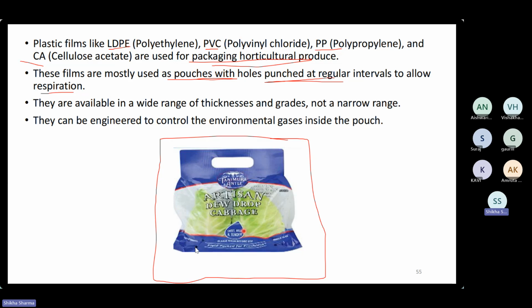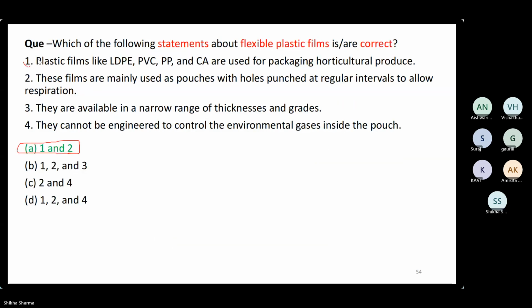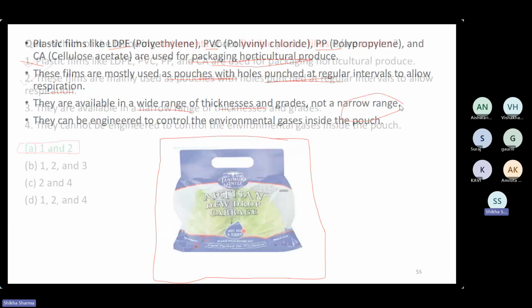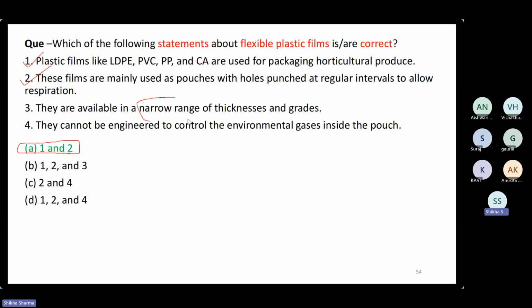Here are the holes, this is the hole, this is the hole. 1 and 2 are correct, but they are available in wide thicknesses and grades, not a narrow range. So statement 3 is not correct.